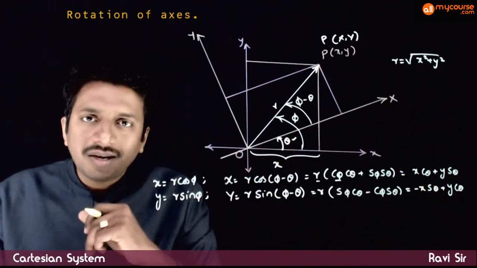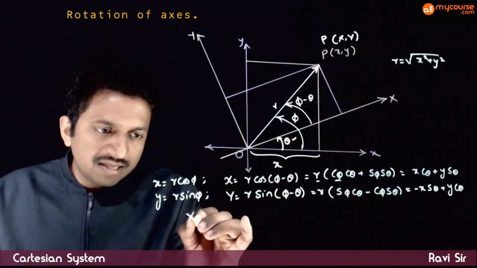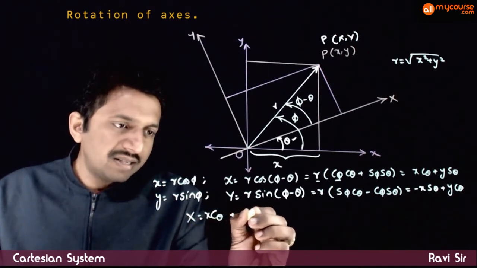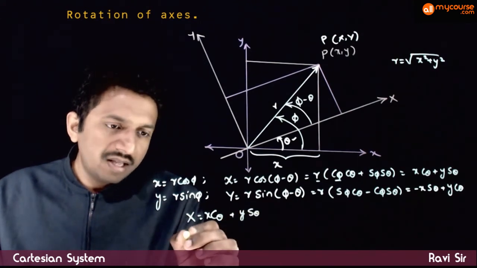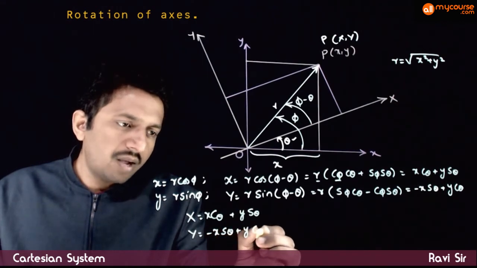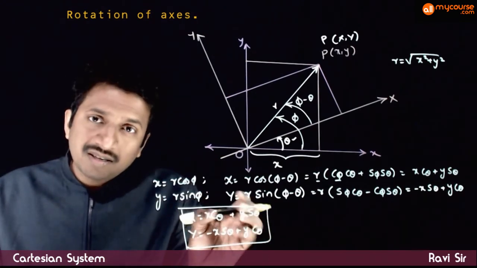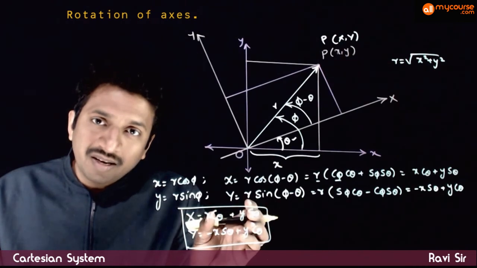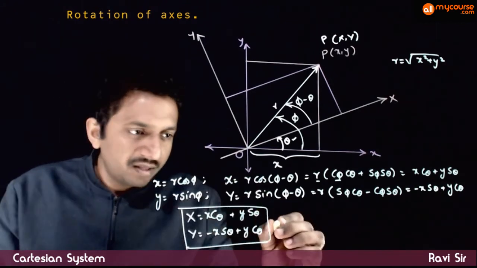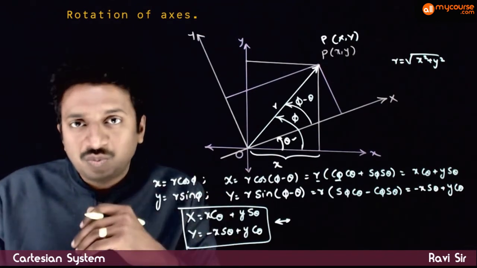So we effectively got the derivation for capital X and capital Y. So capital X is equal to cos theta times x plus sine theta times y, and capital Y is equal to minus x sine theta plus y cos theta. If you solve this by considering this as a linear equation, we can get small x and small y also in terms of capital X and capital Y. So I want you to do the derivation for small x and small y.